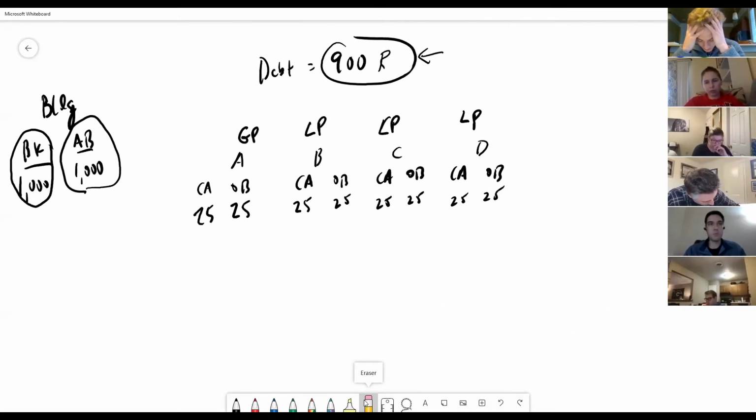So let's say this property became worthless and the lender comes knocking on the door and saying, hey, you owe me $900. Because it's a recourse debt.